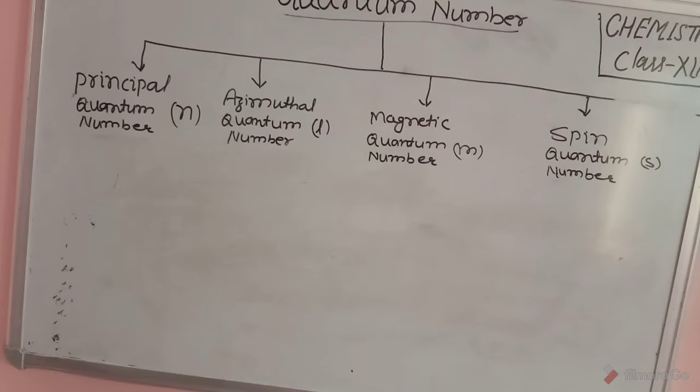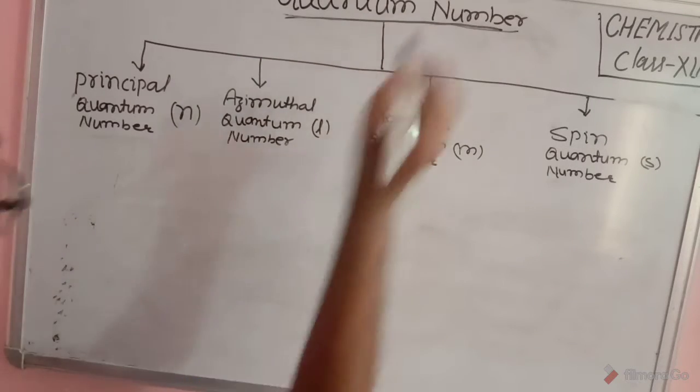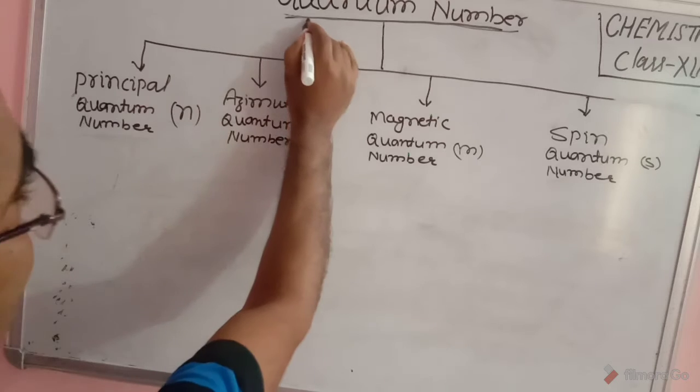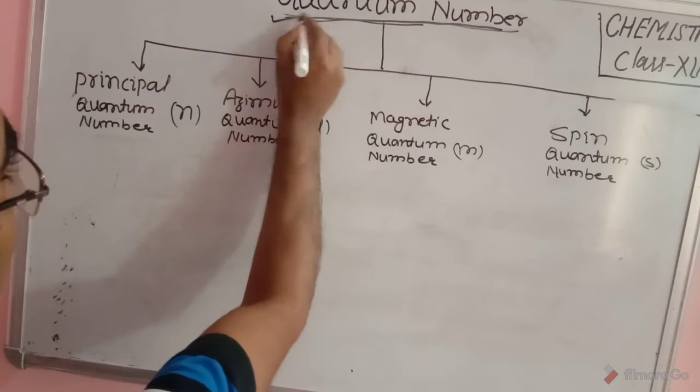Similarly, four identification numbers are required to specify a particular electron in an atom. And these identification numbers are called quantum numbers.